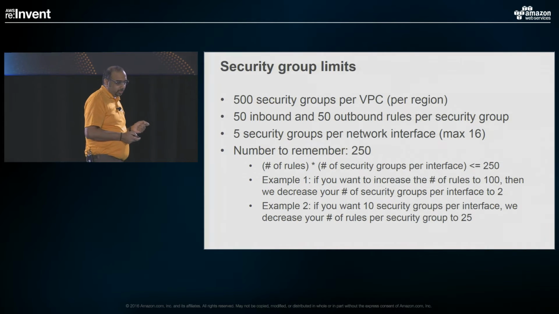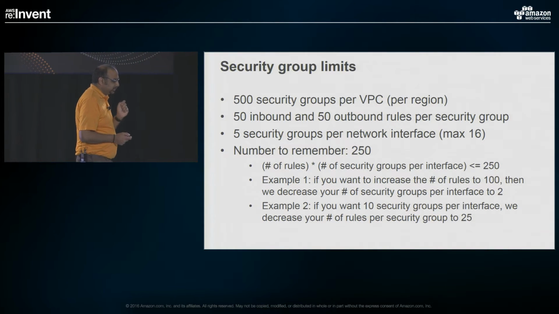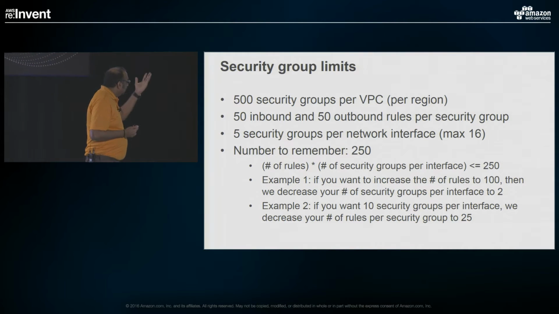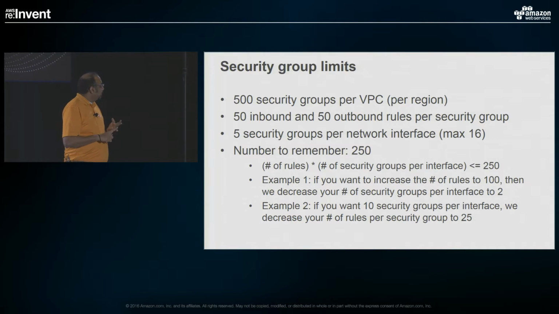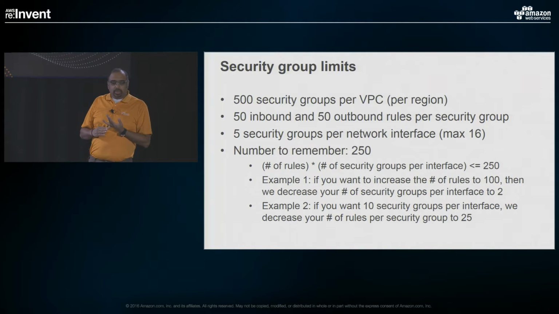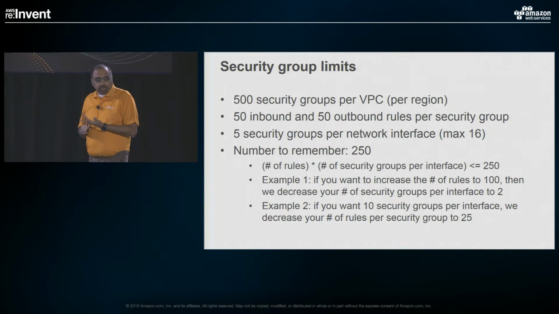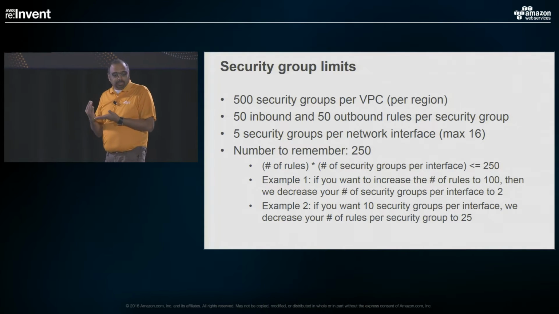I want to spend a few minutes talking about security group limits. The reason is this comes up quite a bit from a best practices perspective. We talked about the groups. There are two other concepts. One is the number of rules per security group. You can have 50 rules per security group, and the default is 5 security groups per network interface.